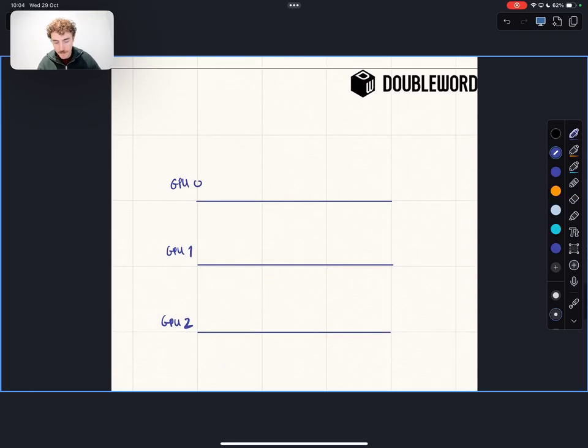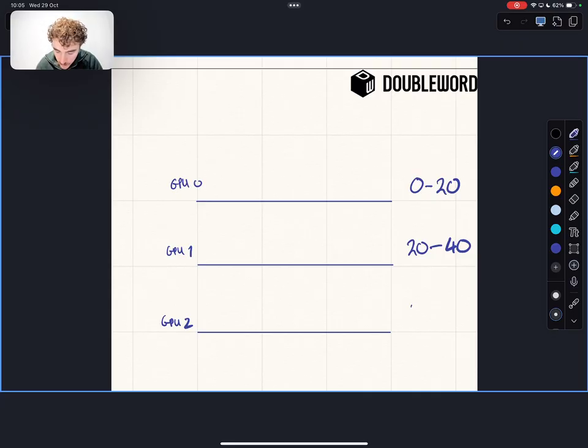In pipeline parallelism, I'm going to outline this with a 3 GPU setup. On each GPU, I'm storing a subset of the layers of the model. Let's say my model has 60 layers. Then on GPU 0, I'll store layers 0 to 20. On GPU 1, I'll store layers 20 to 40.